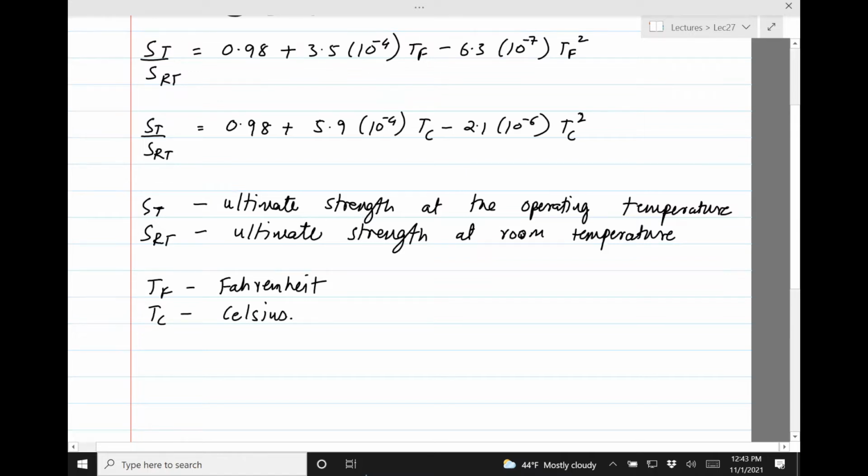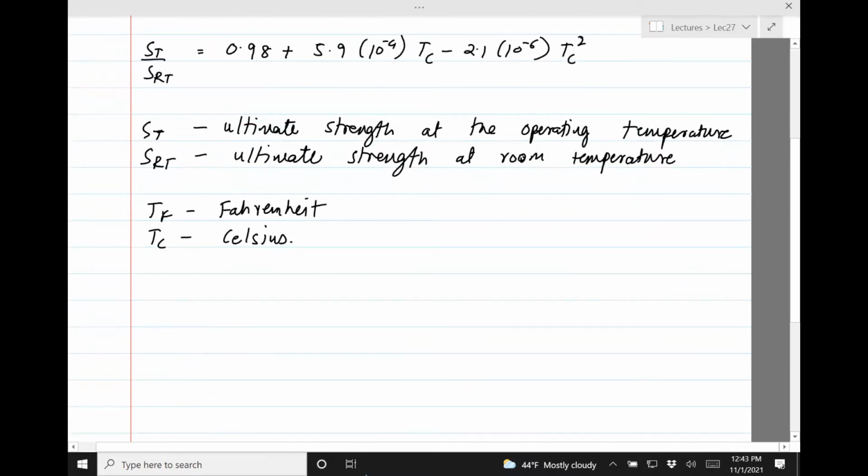Okay, so we're just getting started. Once we have found this variation in strength, we are now in a position to find the factor KD. There are two cases. One is that SC is known. Sorry, SC is unknown, my bad.